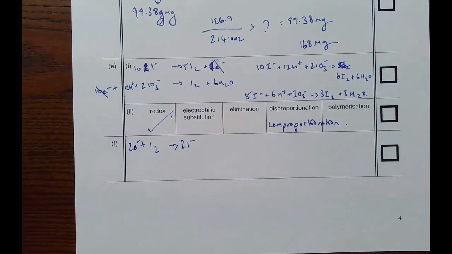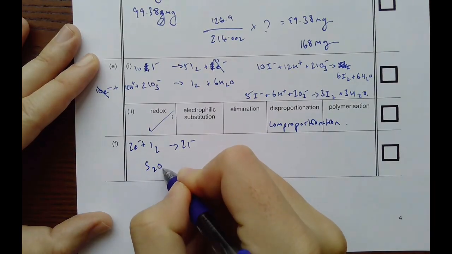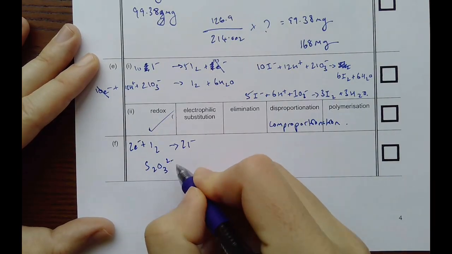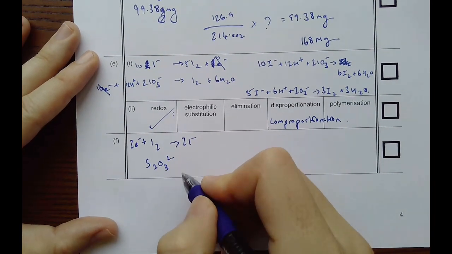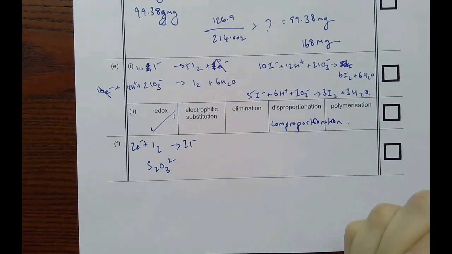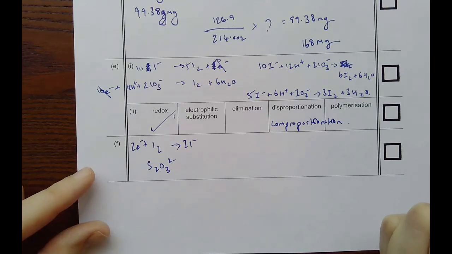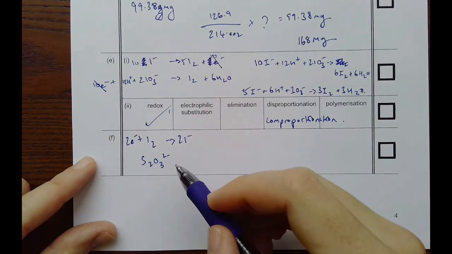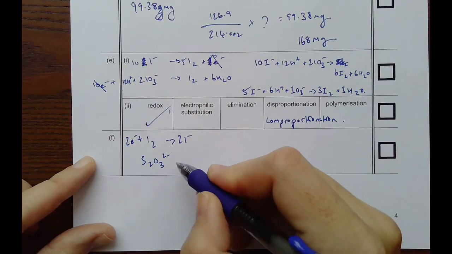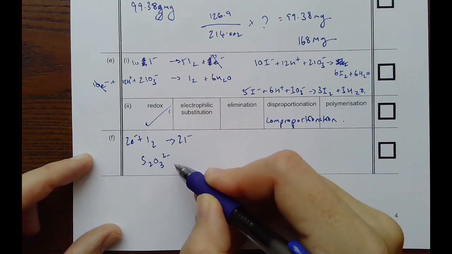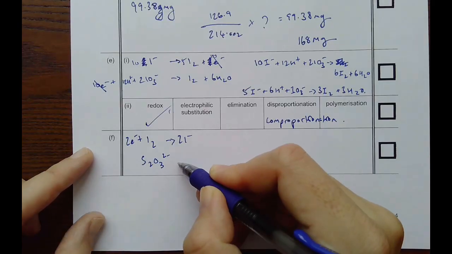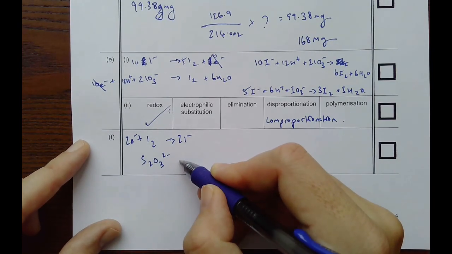And then our thiosulfate, S2O3 2-, and if you've done any sort of redox titration, or analysis of iron in iron tablets or the Winkler method, you know the thiosulfate ion comes up all the time because of its ability to react with the iodine, usually with a starch indicator involved somewhere.